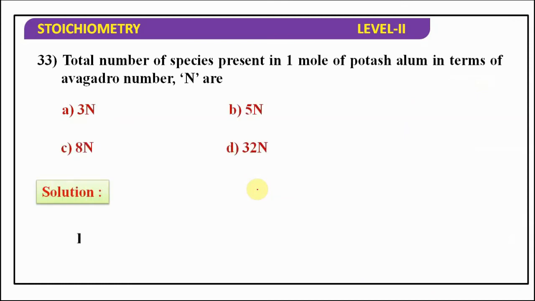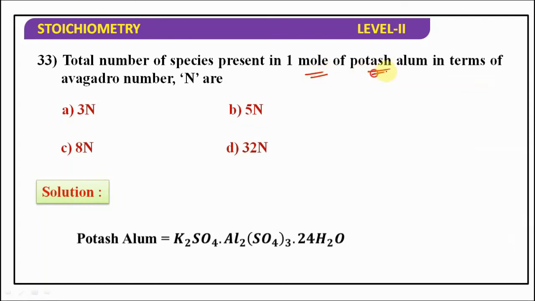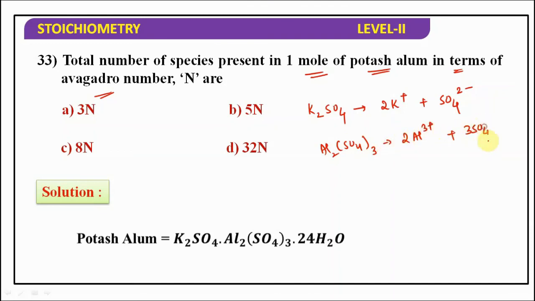Total number of species present in 1 mole of potash alum in terms of Avogadro number. Right? Potash alum is a double salt that can be dissociated as K2SO4 into 2K+ and SO4 2-, Al2(SO4)3 as 2Al3+ and 3SO4 2-, and 24 water molecules are there.